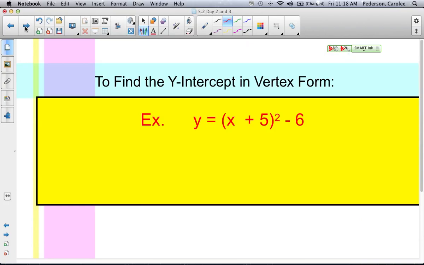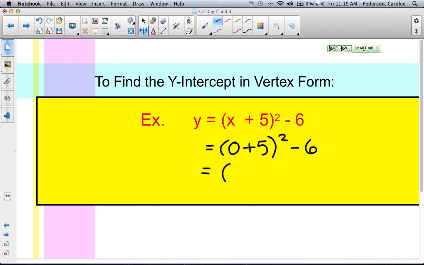Here's another example. I would say you don't need to write this example down. It's going to follow the same steps. So I'd like you just to follow along. This equation is now in vertex form. So we want to do the same thing. We want to substitute 0 in for x. So 0 plus 5, all squared, minus 6.